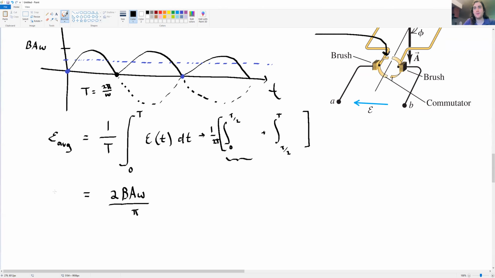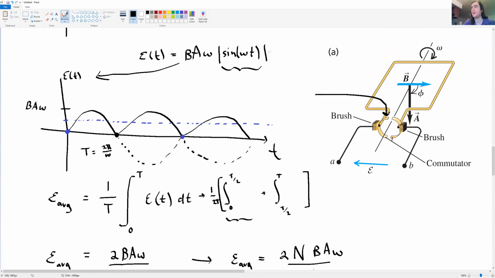Now, the book indicates that if you had many loops, if you didn't just have a single loop, then you could multiply by N. So we could say 2NBAω over π. And same for up over here too.